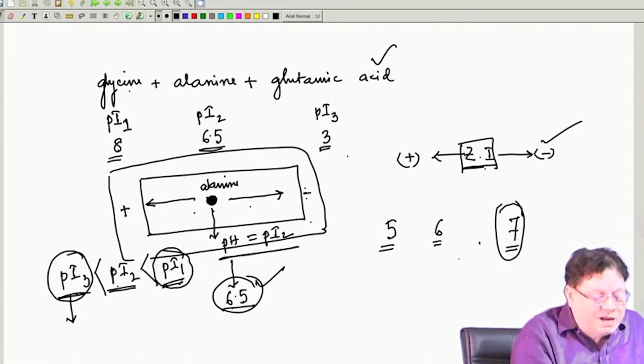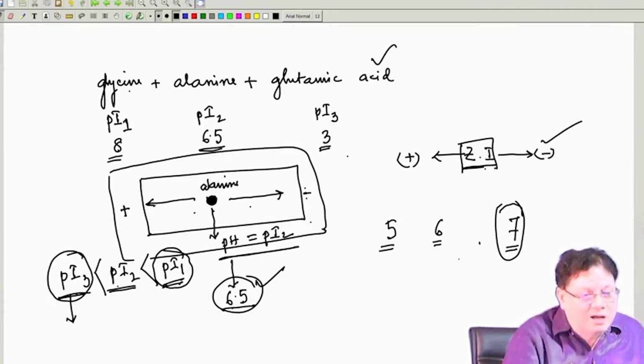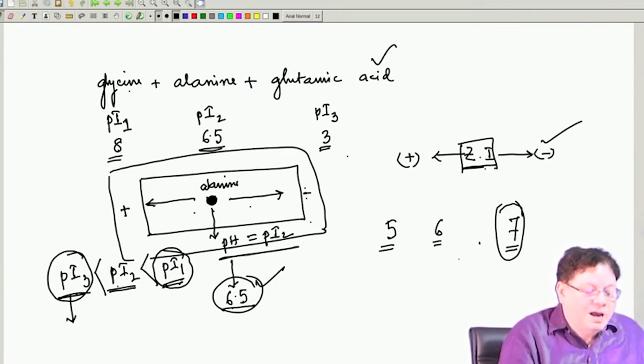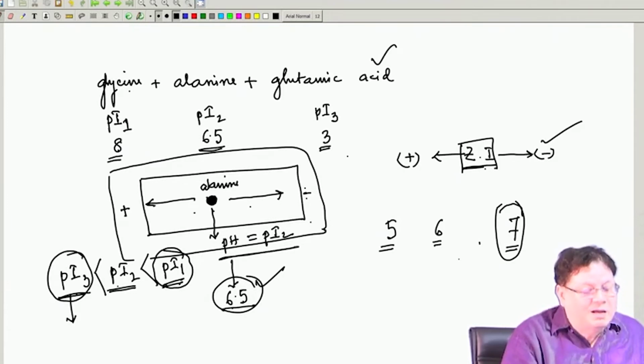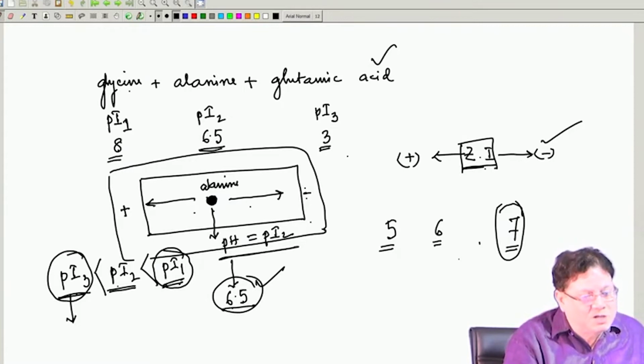So, if the pH is less, it will be present as a positively charged species, because it has not crossed the isoelectric point yet. And if the pH is greater than the isoelectric point, then the species will be present in the ionized, anionic form.